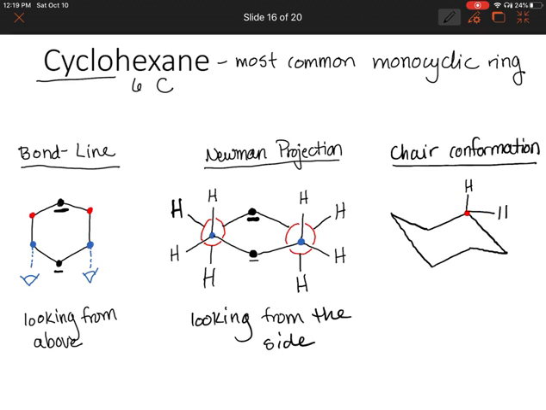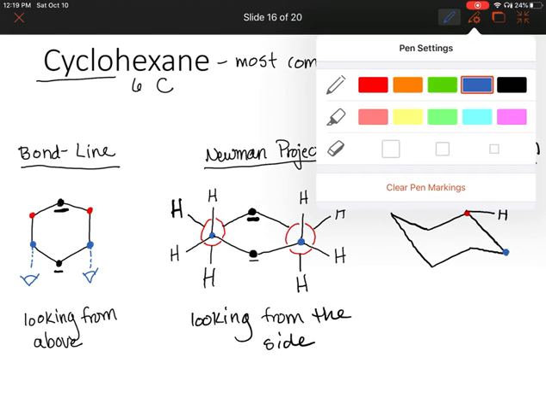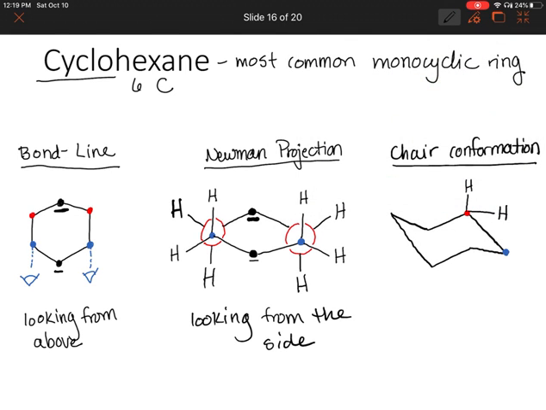And then we have one kind of coming out and down at an angle. And then for this front carbon, I'm just going to draw a hydrogen going down, and then one kind of coming up at an angle.